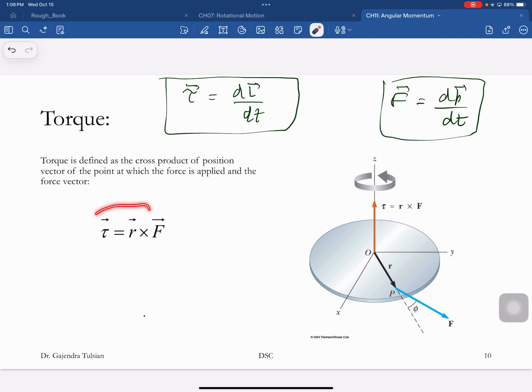All right, so here's how you define torque. Here's an object, here's a force acting on this object at this point, and the torque of this force is R cross F. What is R? R is the vector from the reference point. So there's the R vector. R cross F is the torque. How do you choose the reference point?